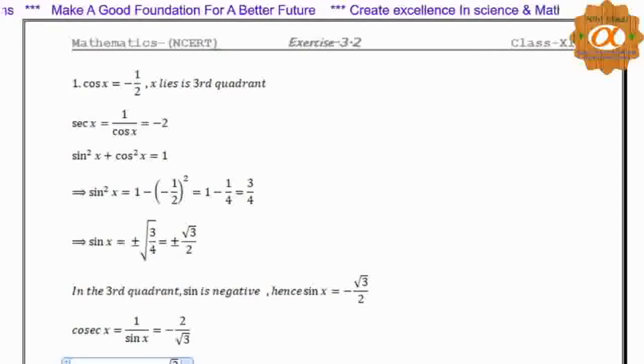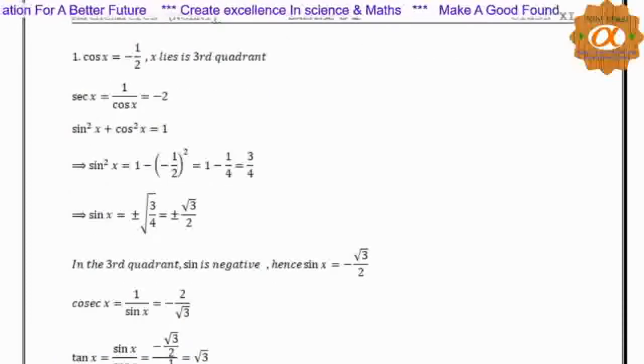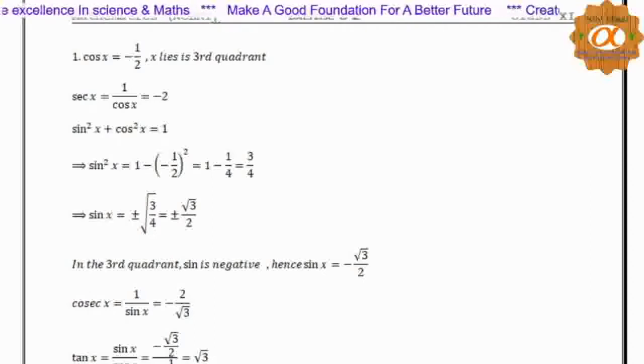It implies the minus minus cancel, the 2 cancel, the value comes to root 3. Hence cot x, that is the reciprocal of tan x, is equal to 1 by root 3.